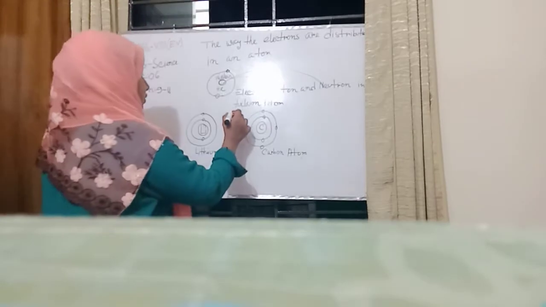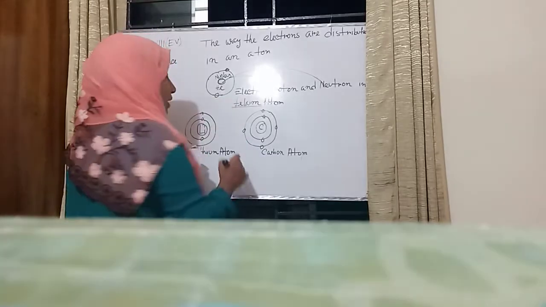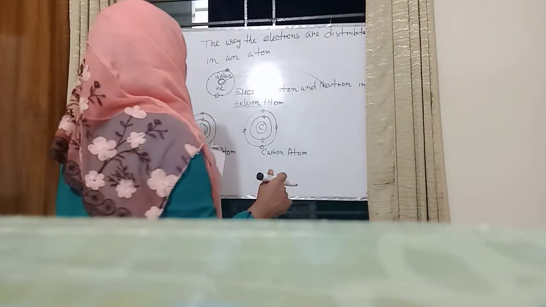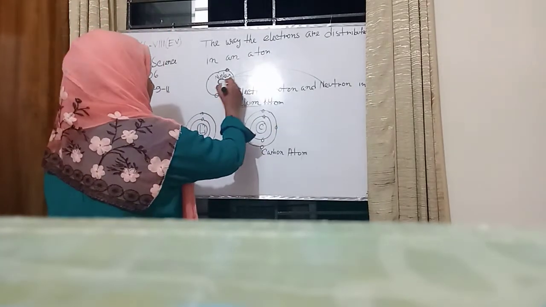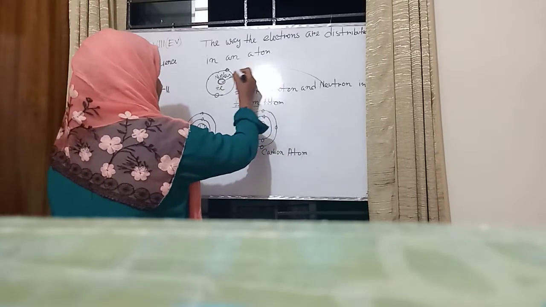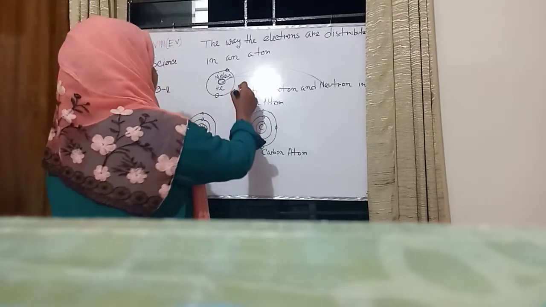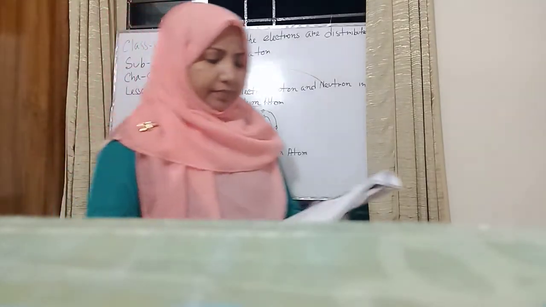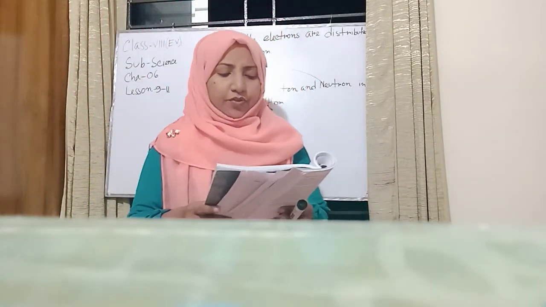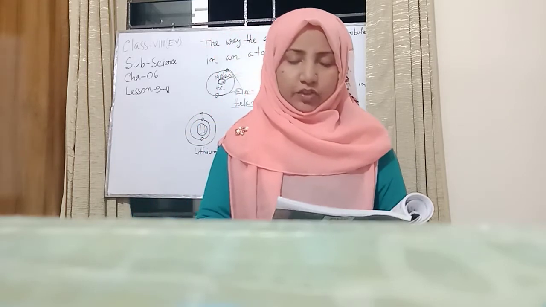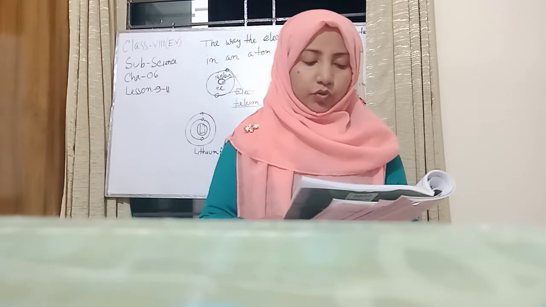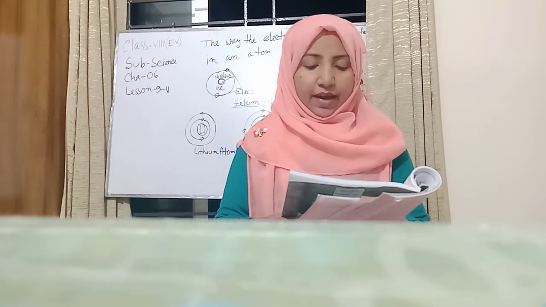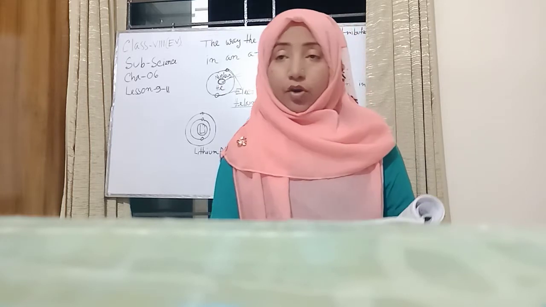Yes, I just drew the helium structure. Again, this is the proton and this is the neutron, and there are two electrons. In the hydrogen atom there is one electron in its orbit. In helium atoms two electrons revolve around the nucleus in a single orbit.